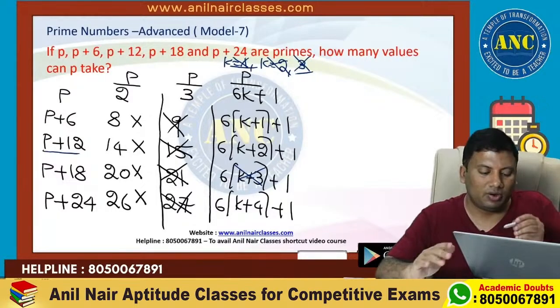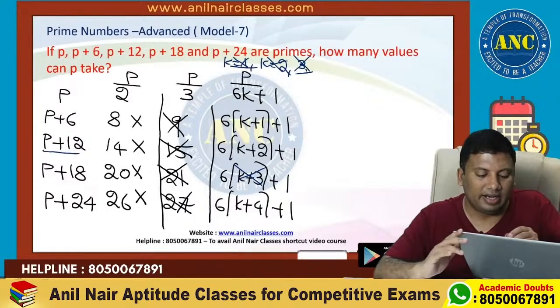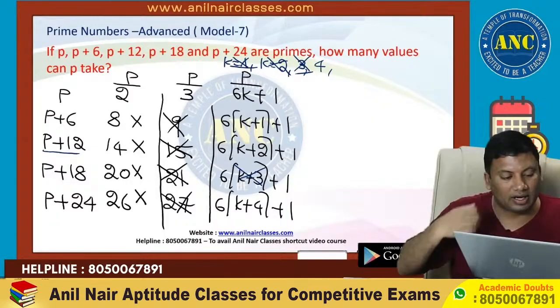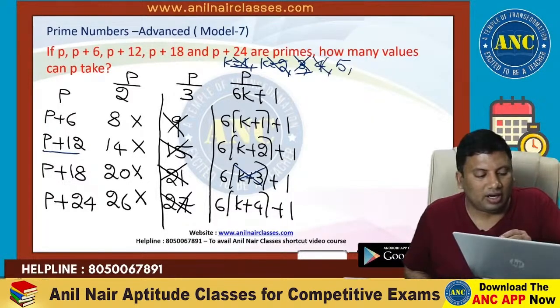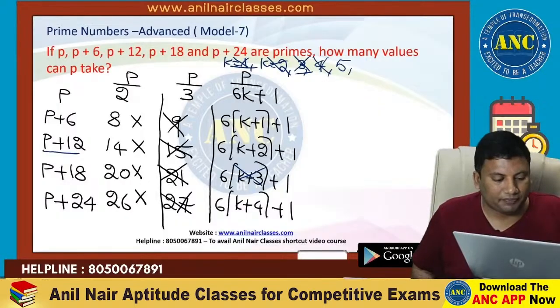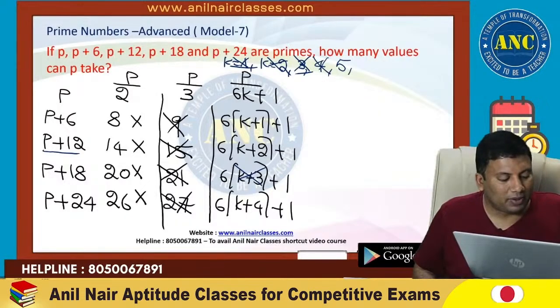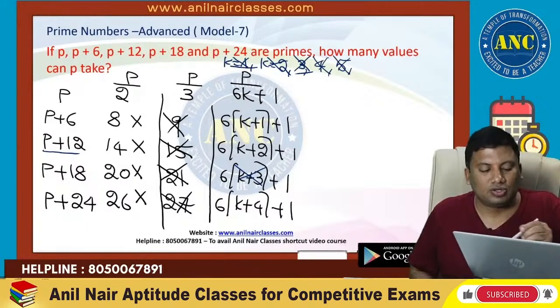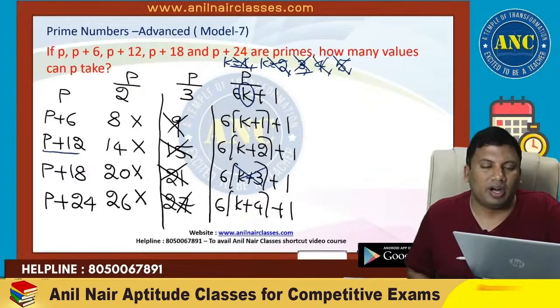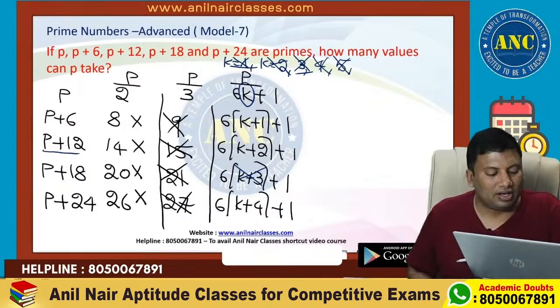I hope the idea is clear. k is 4: 25, not possible. k equivalent to 5: 31, 31 plus 24, not possible. So when you divide a number by 6, the possible quotients will be 1, 2, 3, 4 or 5. None of the cases is possible.